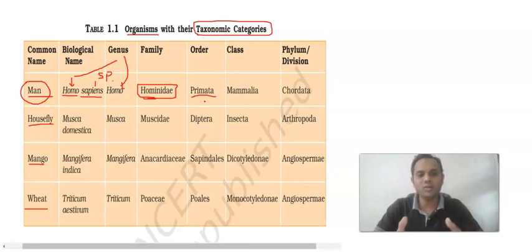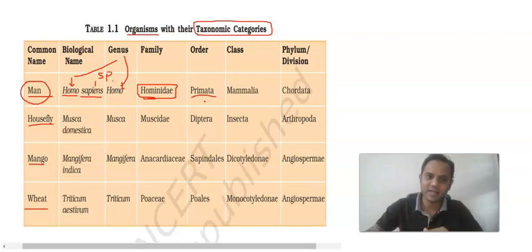So if two organisms possess certain similar characteristics, then they are placed in one group. That is the foundation of classification: we have to put organisms in a particular group based on their similar characteristics.